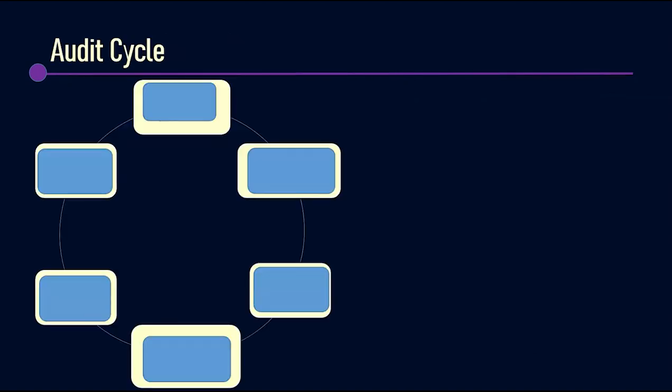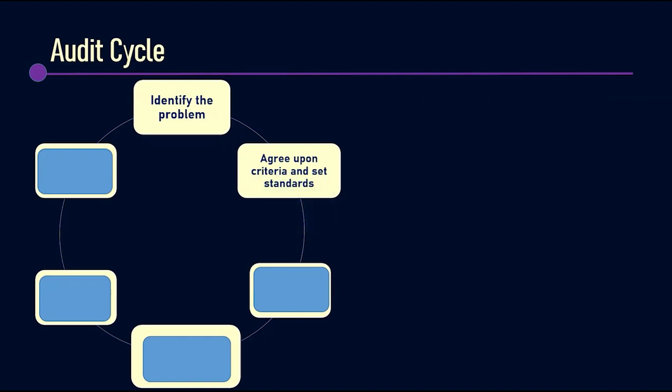So the actual audit is performed this way. This is called the audit cycle. It has multiple steps, a total of 6 steps here. I will go briefly through them one by one. First, you identify the problem. For example, in the previous slide, I discussed that post-operative wound infection could be a problem that we have identified.